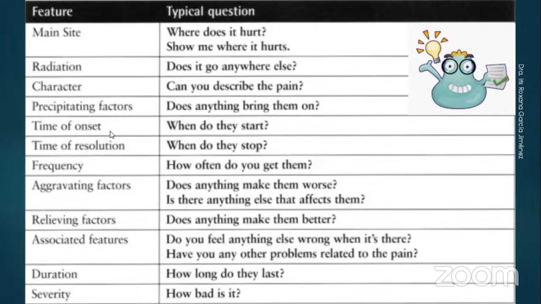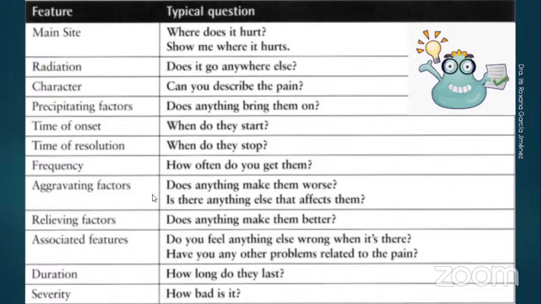For example, time of onset. When did they start? When did the colics start, for example? Or about frequency, how often do you get them? How often do you get the colics, as an example, okay?